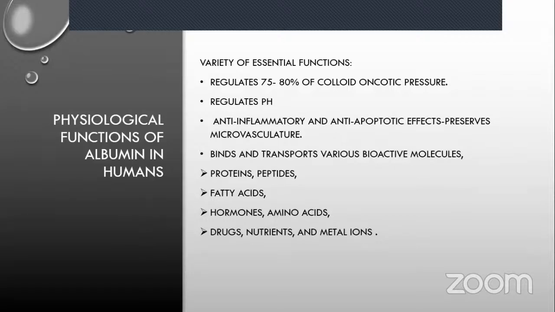It's very protective for the endothelial glycocalyx. And other than just fluid resuscitation, at the end of this lecture, I hope people will know that albumin has got protective effects, especially in critically ill patients. So it binds and transports various bioactive molecules like proteins, peptides, fatty acids, hormones, drugs, nutrients, and then chelates metal ions, like we have seen.